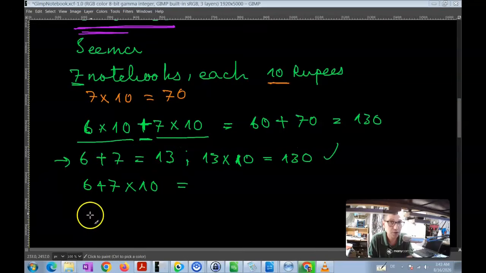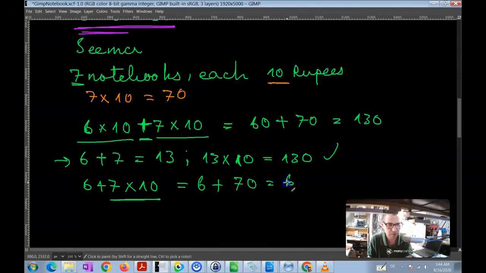It's not possible to write it like this, because if I wrote this over here, multiplication has the first priority, so first I'll have to evaluate this part, that is 6 plus, and 7 times 10 is equal to 70, and that becomes 76, right? But we didn't pay 76 rupees, we paid 130 rupees.